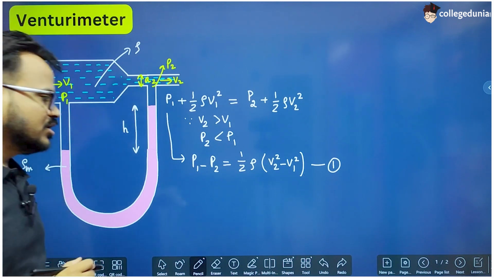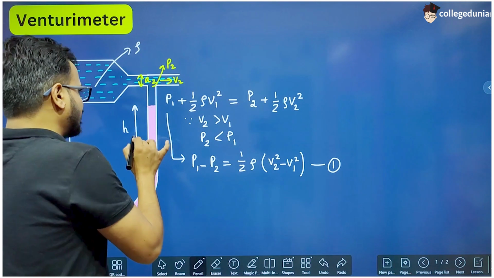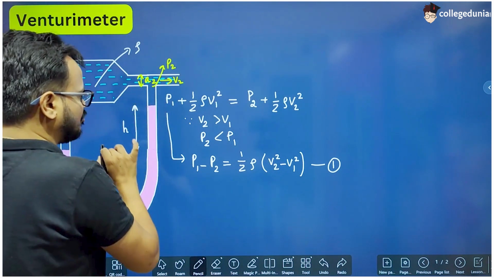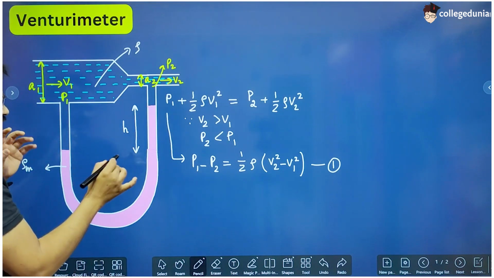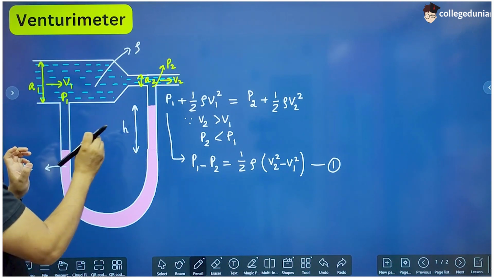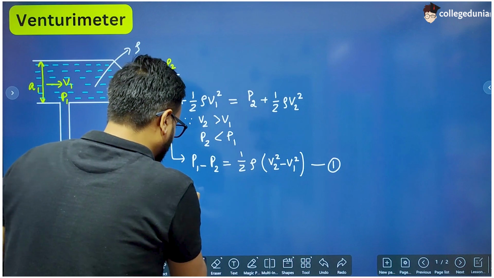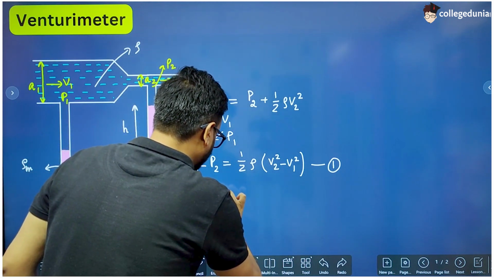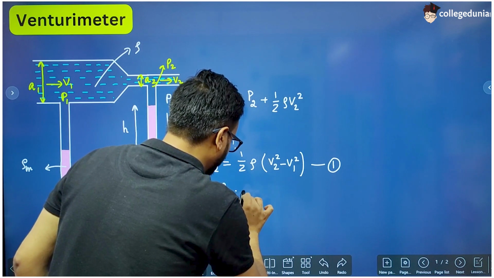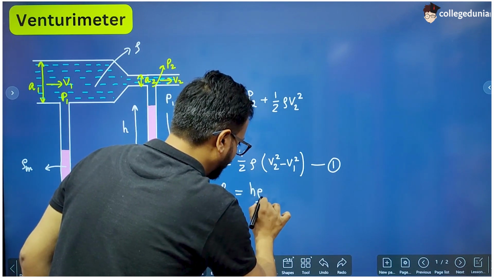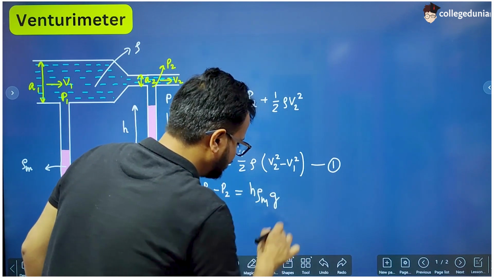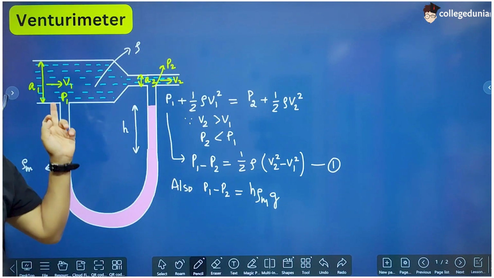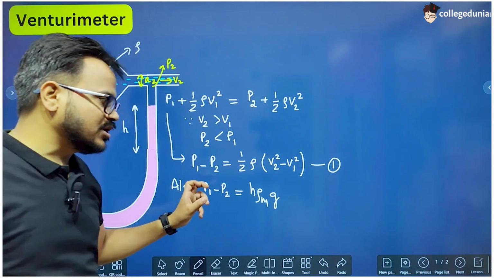So if the pressure here is P1 and the pressure here is P2, then obviously the difference in the pressure, P1 minus P2, is h rho m g, right? Now this is another formula which is being used to explain the working of the Venturimeter.